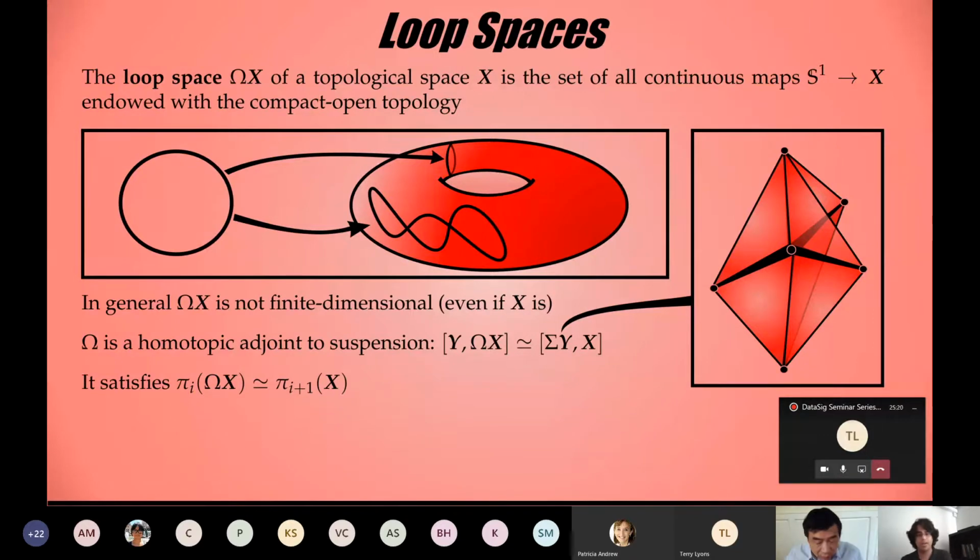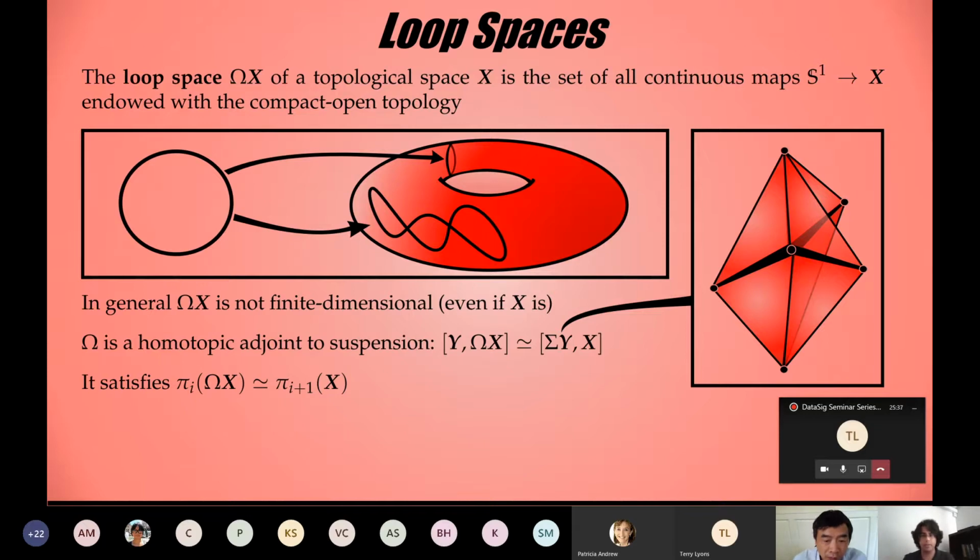So one of the things that's really nice about a loop space is that the homotopy groups, which are homotopy classes of maps from spheres, so pi I is homotopy classes of maps from I spheres into the loop space, are the same as the I+1 homotopy groups of X.